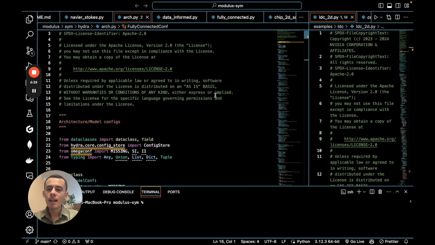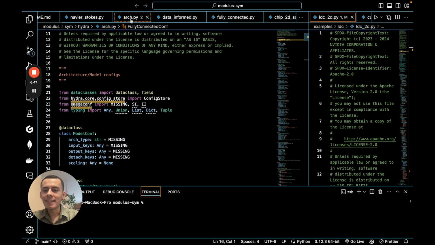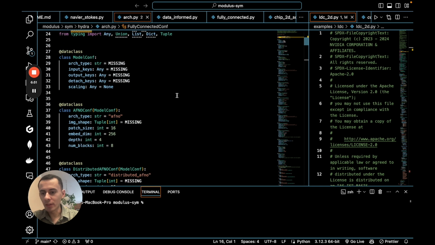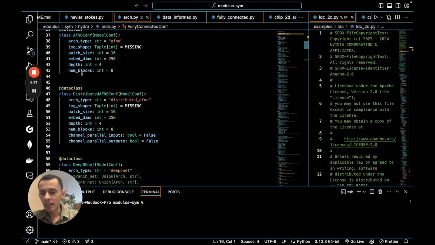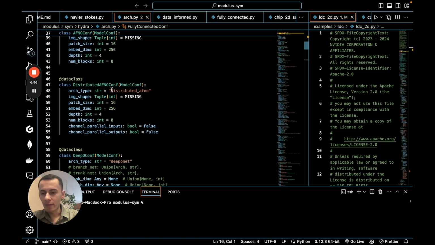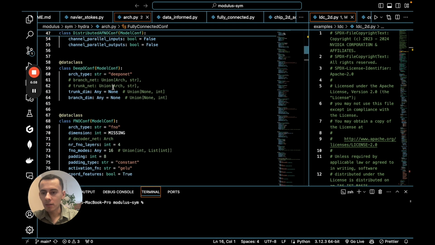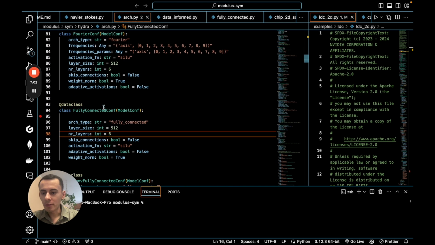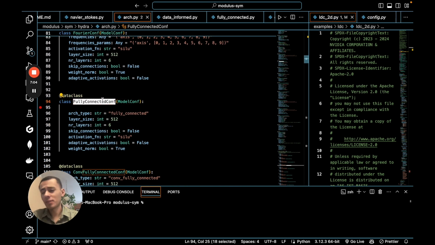If you go to the GitHub repository of the NVIDIA Modulus Symbolic library, you can find the arch.py file, and here are all the configurations: the unknown configuration, distributed AFNO configuration, DeepO configuration, Fourier configuration, and the fully connected configuration, which is the one we're going to be using.